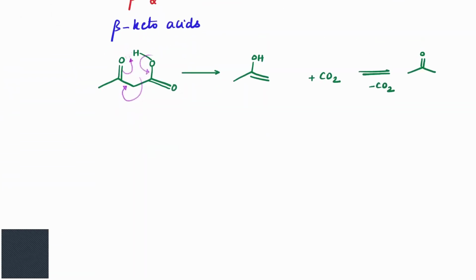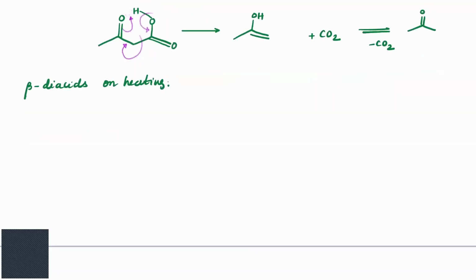The same thing happens with diacids, beta diacids, on heating. So what will happen when beta diacids are heated? See, if you have an acid here, C double bond O OH, and then here we have double bond O OH. In fact, this is called malonic acid.